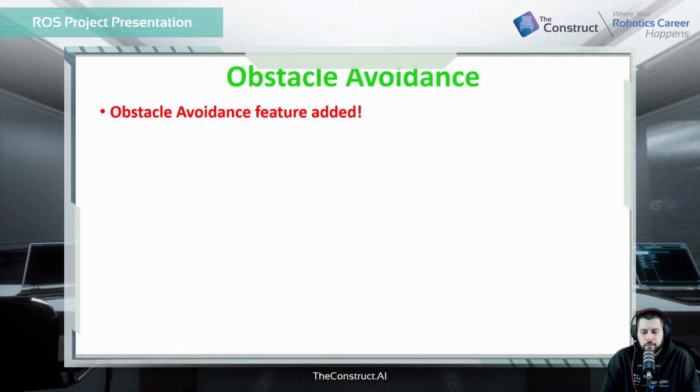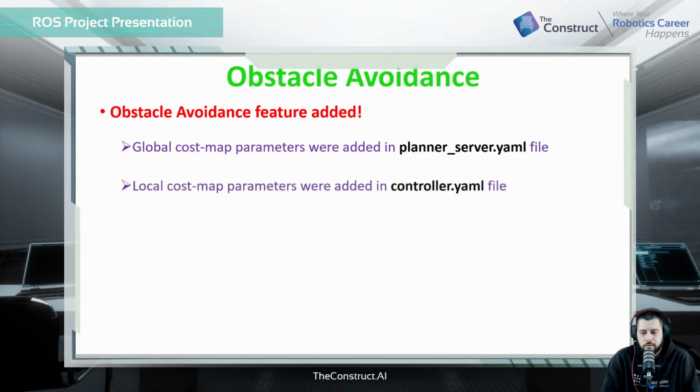So the next unit was obstacle avoidance. In this unit, we added the obstacle avoidance feature in the robots. Global cost map parameters were added in the planner_server.yaml file. Similarly, local cost map parameters were added in the controller.yaml file, and the obstacle layer was added.